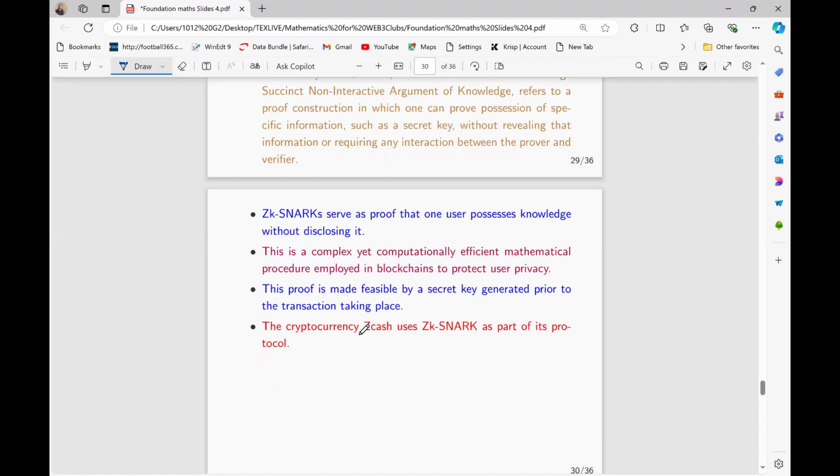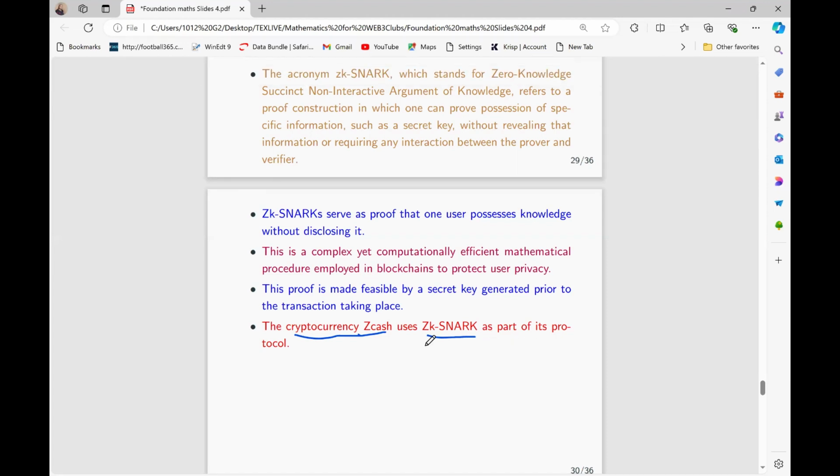I had already mentioned that the cryptocurrency Zcash uses this ZK-SNARK proof as part of their protocol.